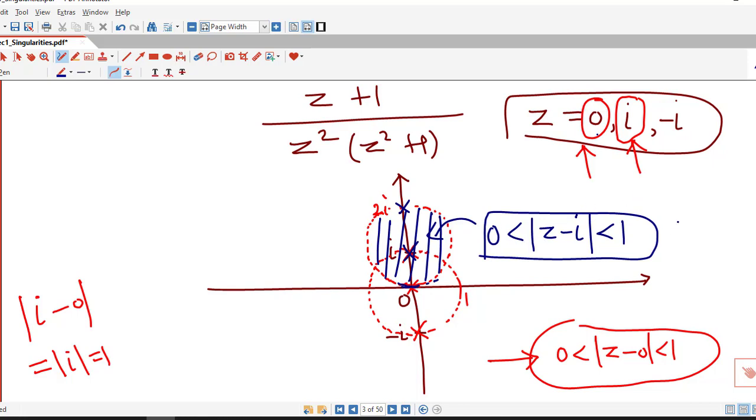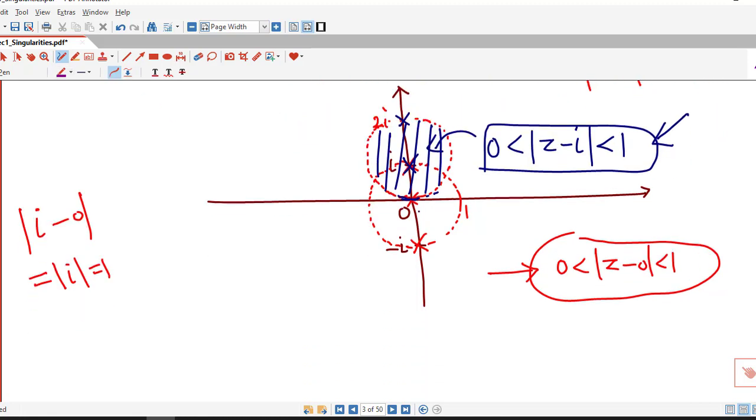So the function is analytic in this deleted neighborhood, therefore z equal to i is also an isolated singular point of this function. Similarly, if we consider this point z equal to minus i, then we know that this distance is 1.